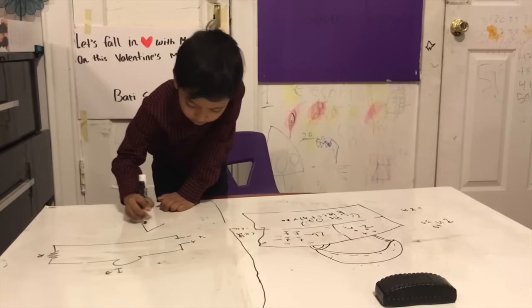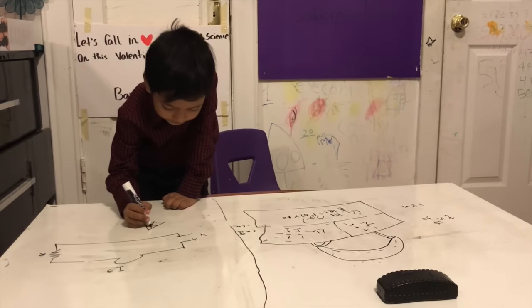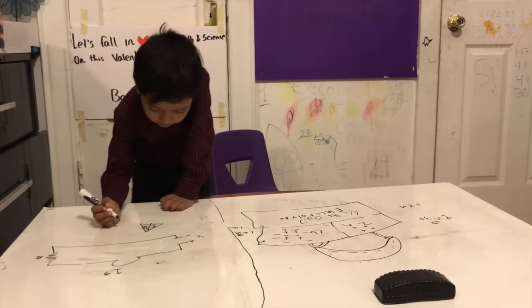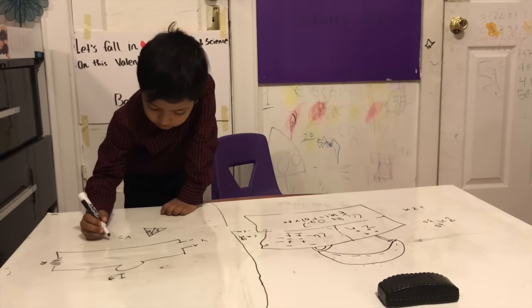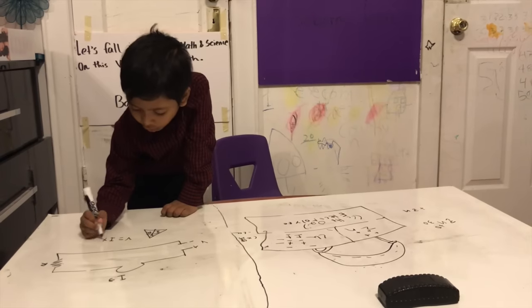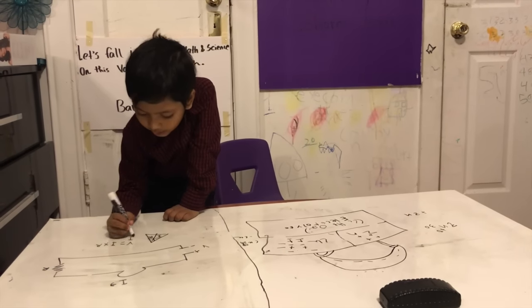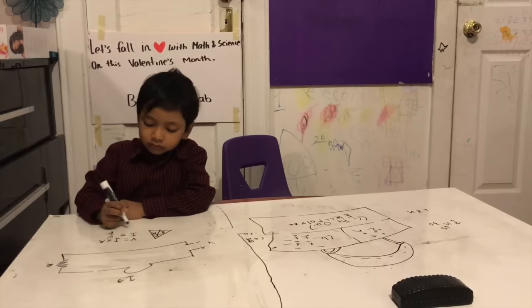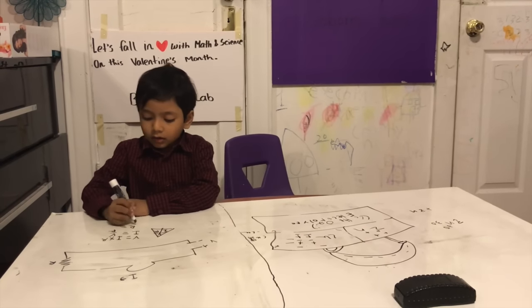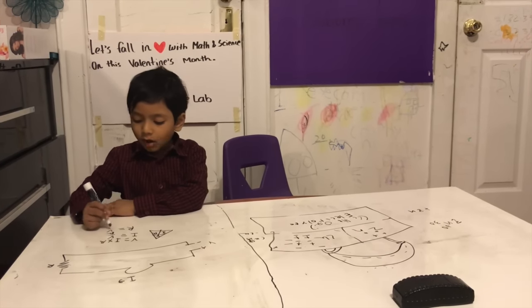I have to write Ohm's law, VIR. Now it's V equal to I times R. I equals V over R, and R equals V over I.